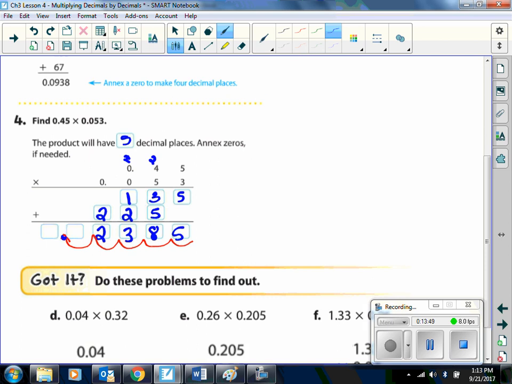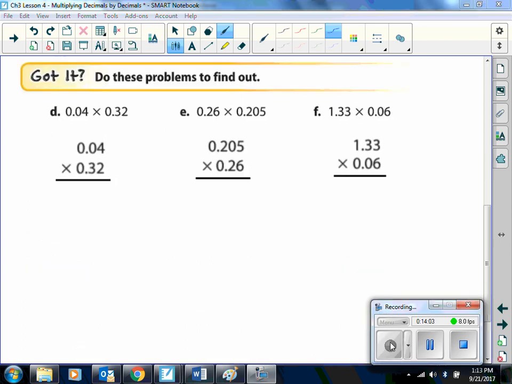There's the decimal. So we need to annex the 0. So that 0 goes there, right? And then, of course, we're going to put our leading 0 out here. You got that? Awesome.